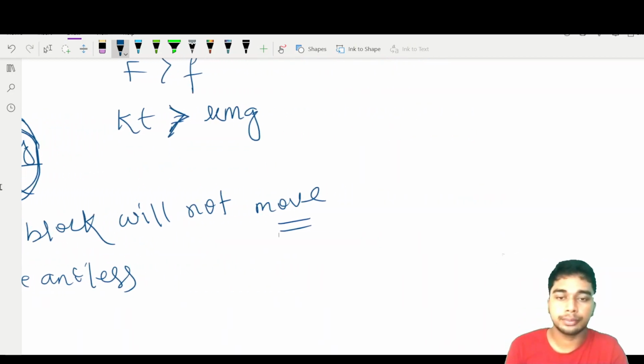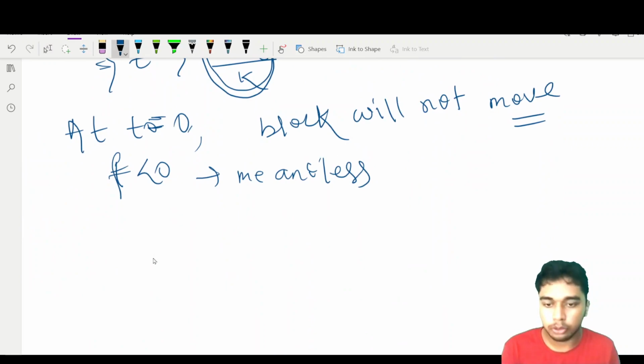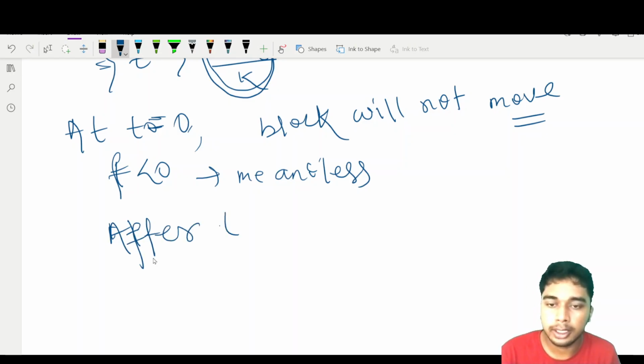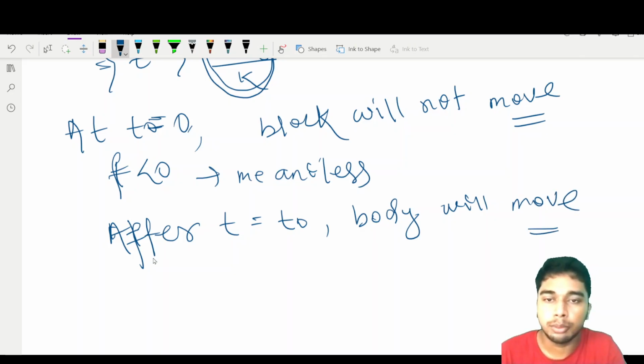So the condition is that after t is equal to t naught, the body will move. Body will move.